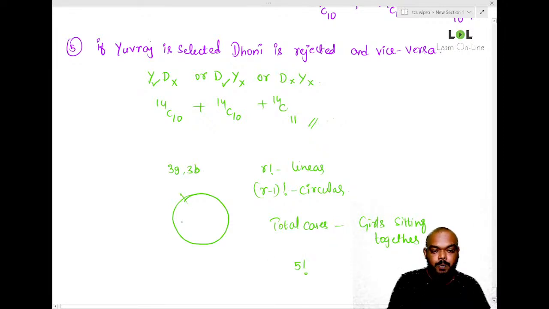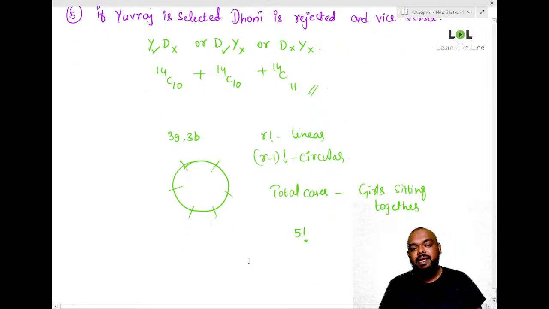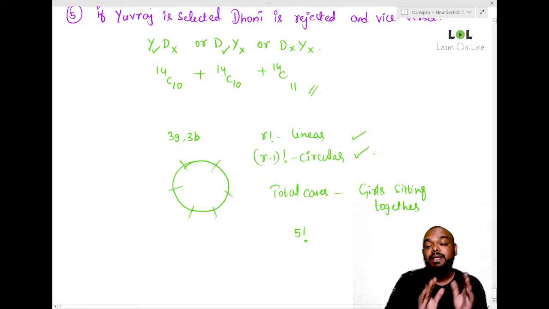6 people, 6 places. Okay, I think I did not explain circular arrangement in this class, people. Remember, in the circular arrangement, there is only one change. In linear arrangement, R people can be arranged in R factorial ways, whereas in circular arrangement, R people can be arranged in R minus 1 factorial.